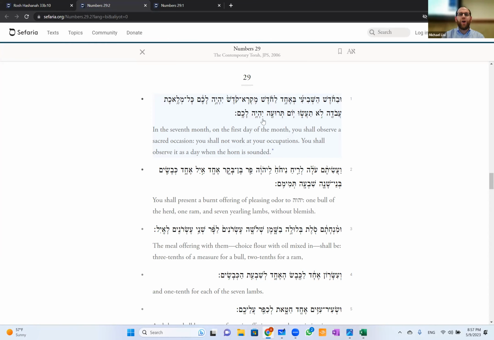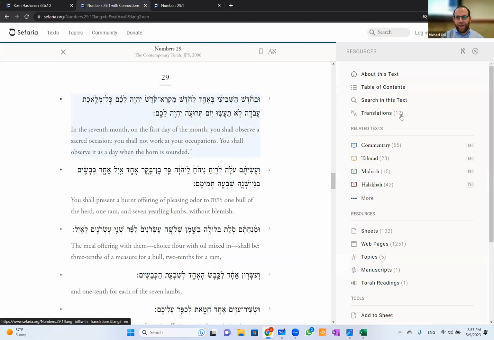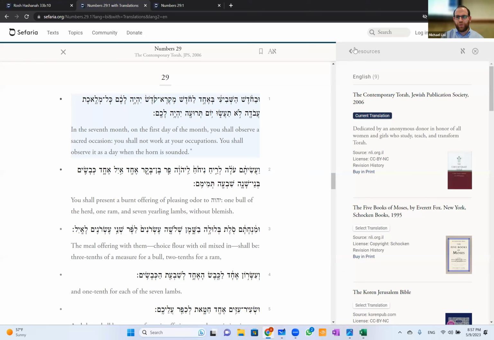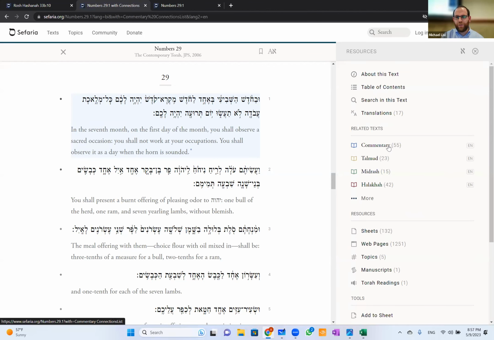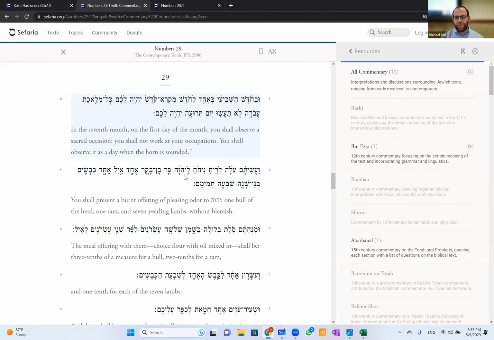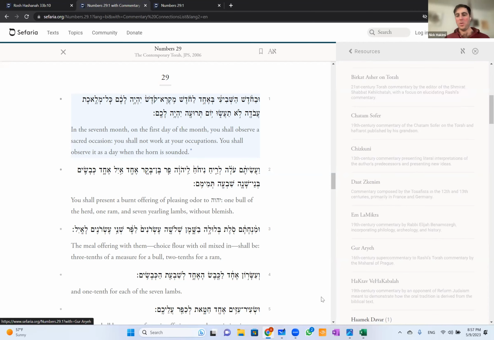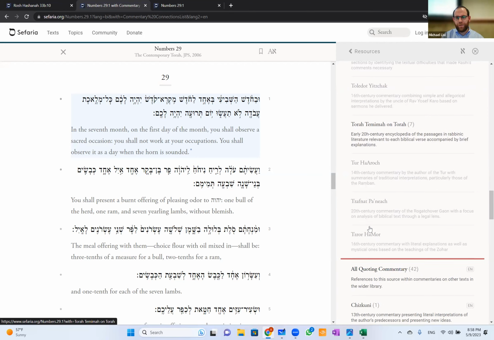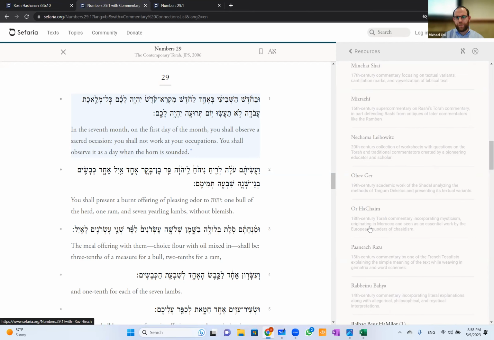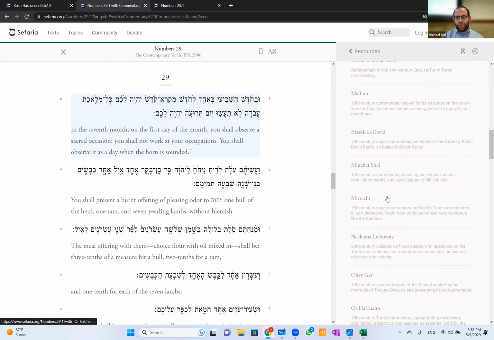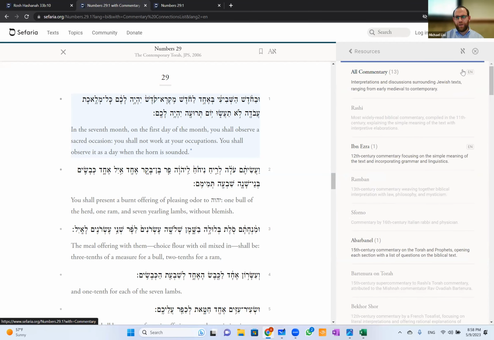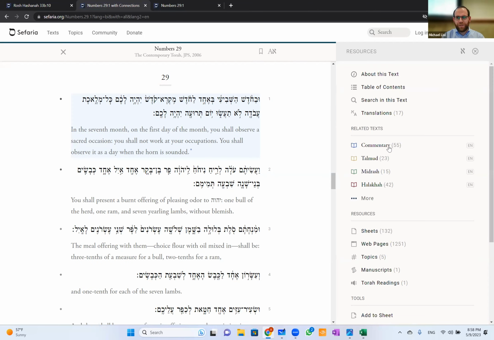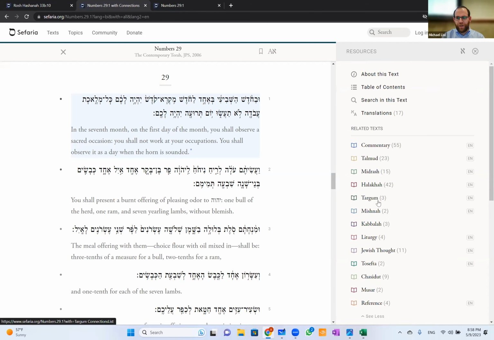Now, how do you translate this word teruah? So what I'm going to do is look at the translation. Do we have Onkelos here? Onkelos is with an O. Not here in commentary, so maybe it's something else: Midrash, halacha, targum.